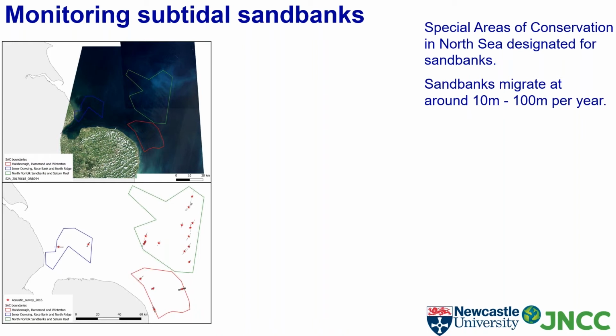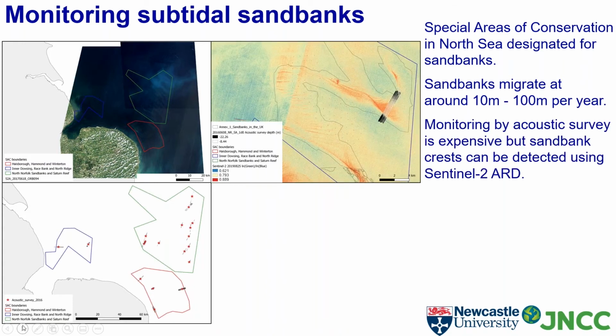And sandbanks, although they are seabed features, they actually move in response to wave action, and they're migrating at around 10 to 100 meters per year. So we need to check the MPA boundaries to make sure that they are still protecting these sandbank features. But acoustic survey, going out and doing multi-beam or side scan surveys, is very expensive. But what we have shown is that sandbank crests can be detected using Sentinel-2 analysis ready data.